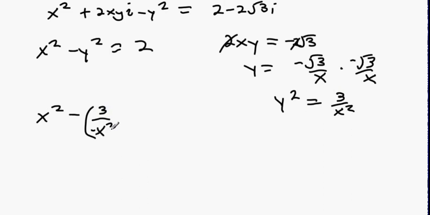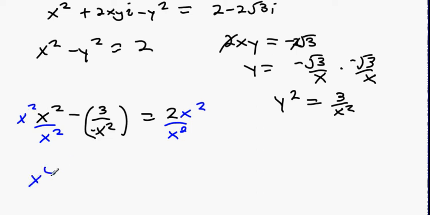So it's minus 3 over x squared equals 2. Now put them all over x squared, and we get x to the power 4 minus 2x squared minus 3 equals 0.